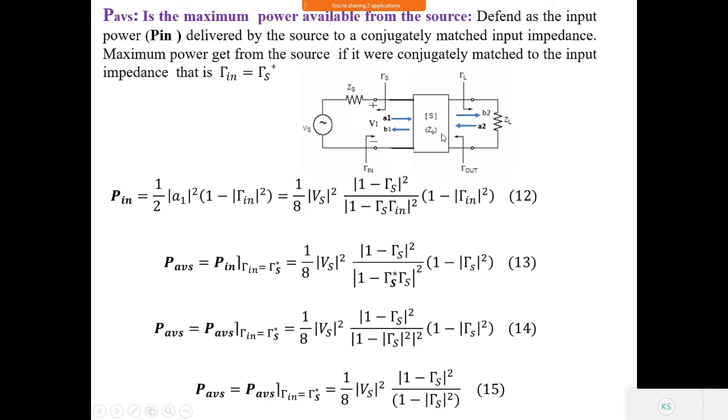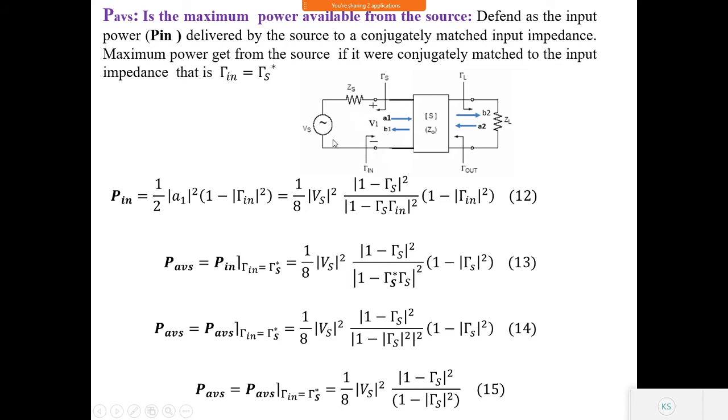Actually, P_in may be lesser. Assuming it is matched, what is the maximum power delivered? What is the P_in delivered to this network? That is called P_AVS, the maximum power assuming the complex conjugately matched condition.